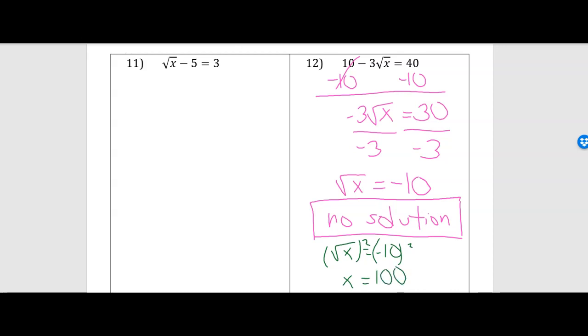The problem is, if you substitute this back into your equation, the square root of 100 is positive 10. It's not negative 10. So if you had kept going and got an answer, it's always good to go back and check your answer and see if it makes sense. Go substitute it in, and you can actually just substitute it into your original equation and see if that equation is true.